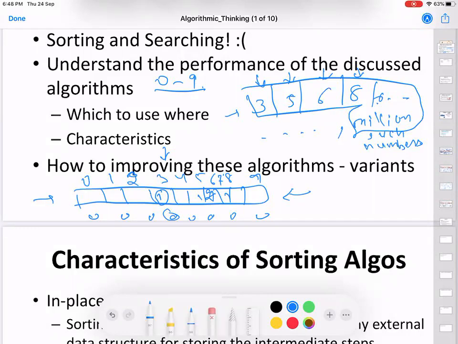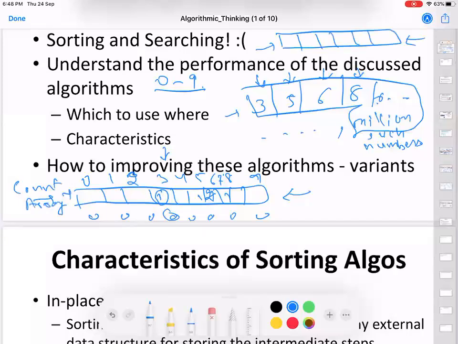Now, the simplest way to print out the sorted array would be to simply go through this count list. Let me call this array the count array, which stores the count of each and every number in the original array.